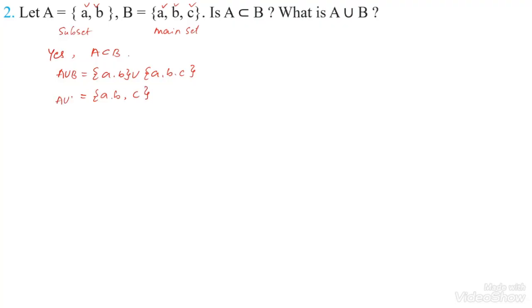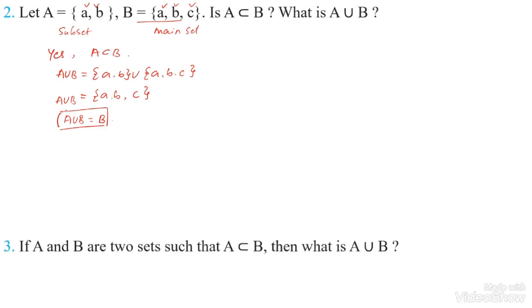A union B is equal to a, b, c. In place of writing the set a, b, c, I have written set B only. Therefore, A union B is set B. Okay. This is the result of the second question.